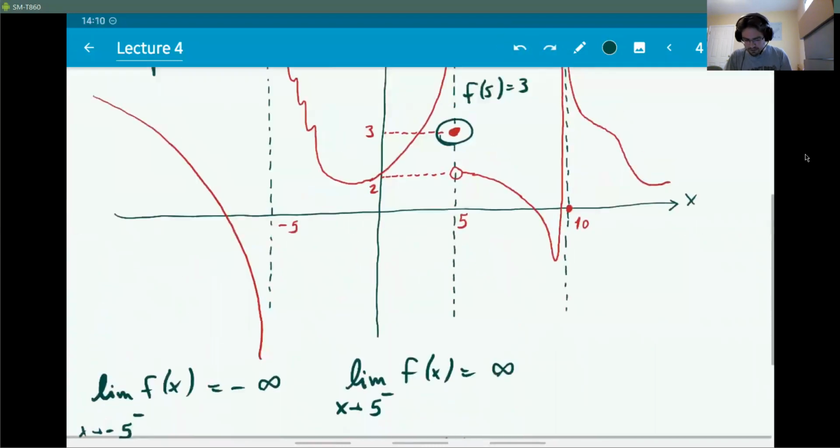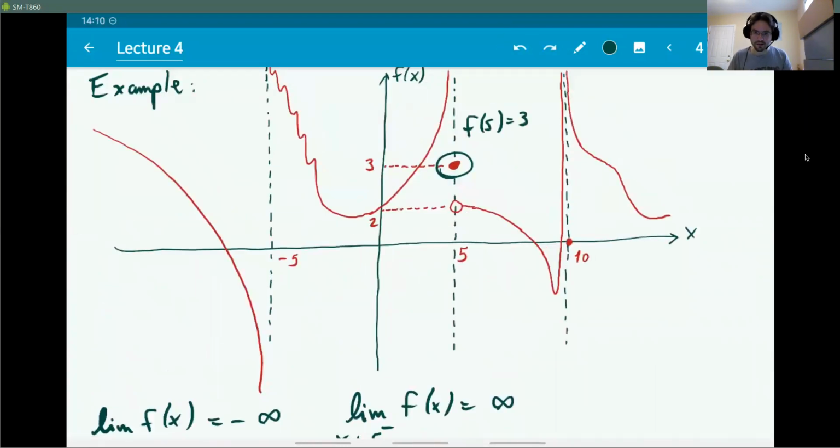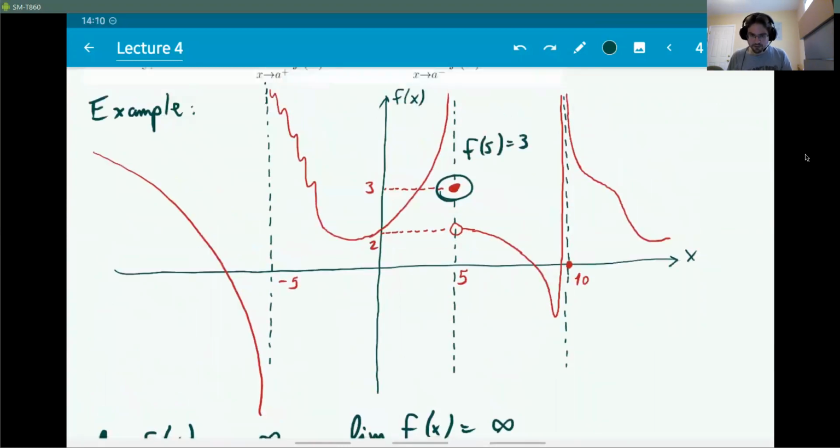And finally, just to complete, here's a case where it does exist. If you approach 10, both from the left and also from the right, you'll see that it's exploding up. This graph might trick you on the left side. Initially, it looks like it's going down, but if you look close enough to 10, you realize it starts going up again. And then it keeps growing up without bounds.